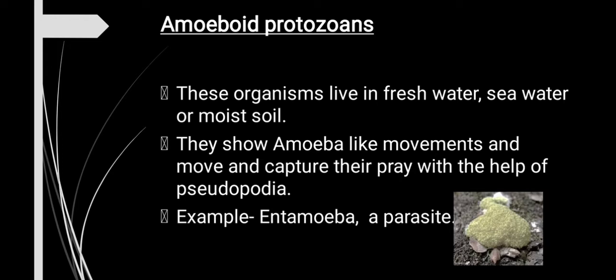They show amoeba-like movements with the help of pseudopodia, which are false feet-like structures, and these help them to move and also capture prey. An example of an amoeboid protozoan is Entamoeba. It is a parasite which causes amoebic dysentery in humans.